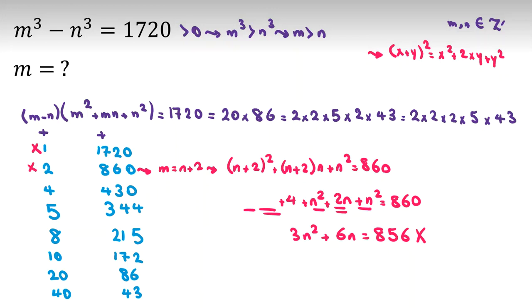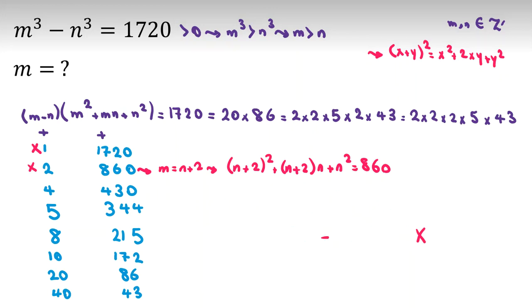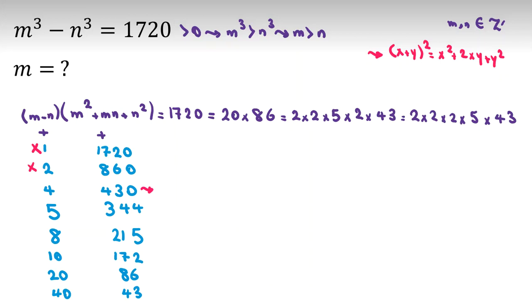Let's consider mod 3 also. We can check that. Let's check this one. You can say something, for example: suppose m minus n is k. So m is n plus k. Let's solve it in general.